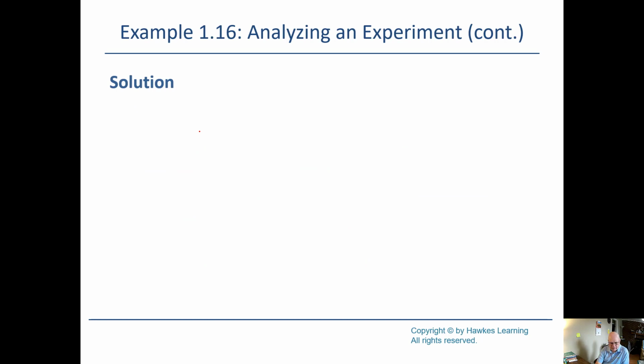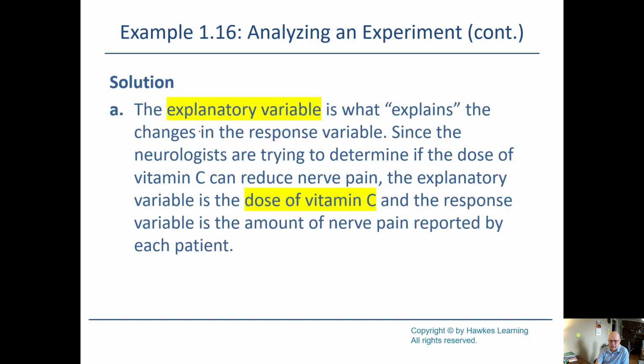So, let's take a look. Explanatory is what explains the changes in the response. The explanatory variable is the dose of vitamin C. Response variable is how much nerve pain there is. Get a circle around that.